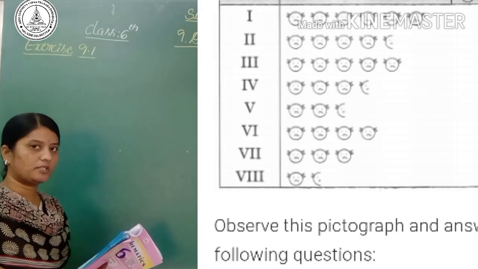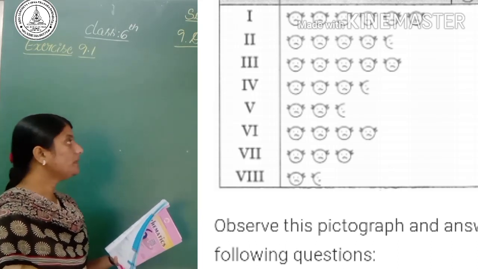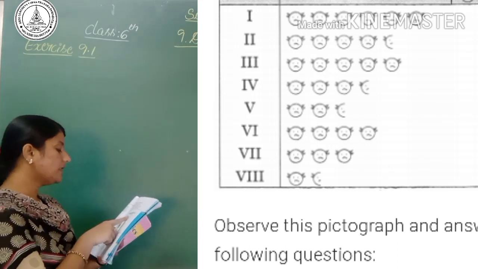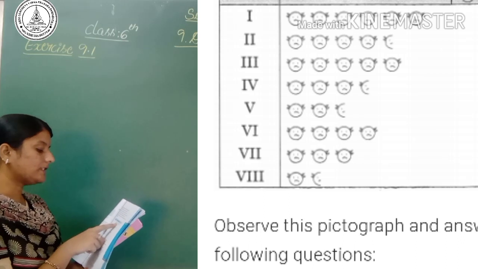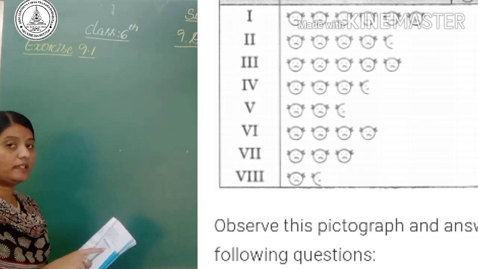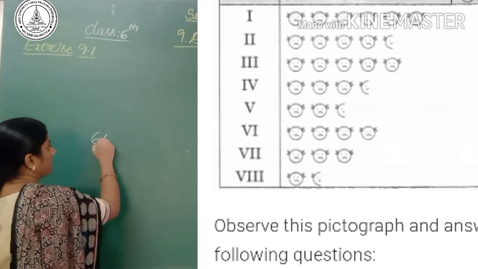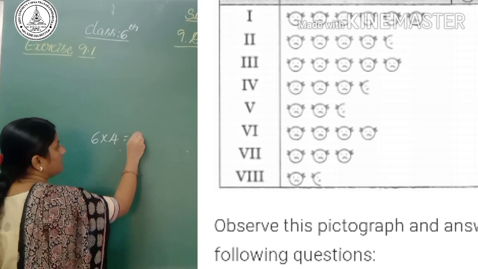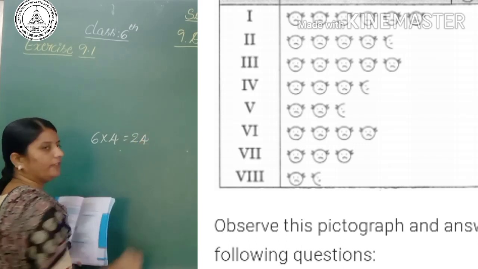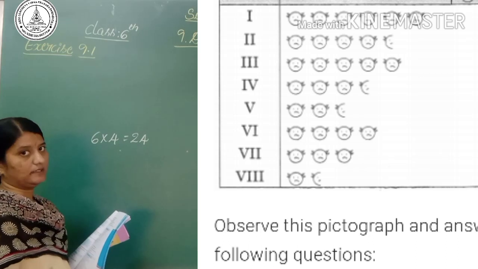In the first class, how many pictures are there? There are 6 pictures. 6 pictures means how many girls? 6 fours are 24. In the first class there are 24 girls.